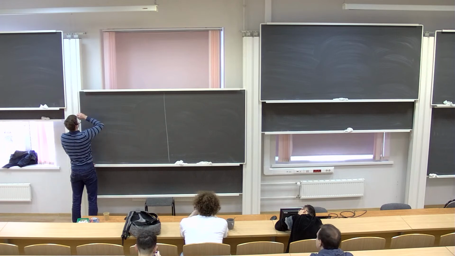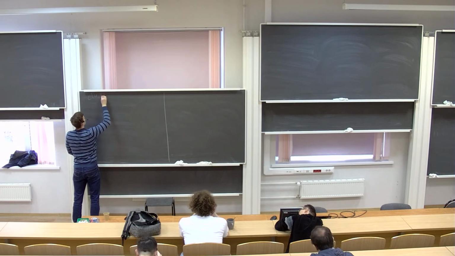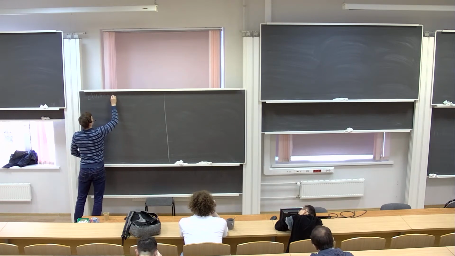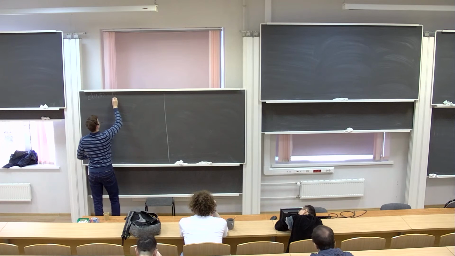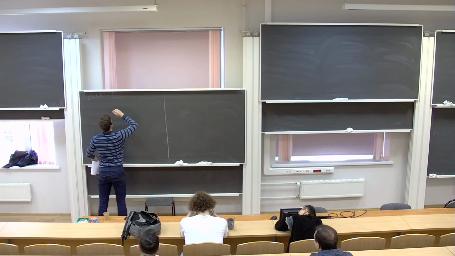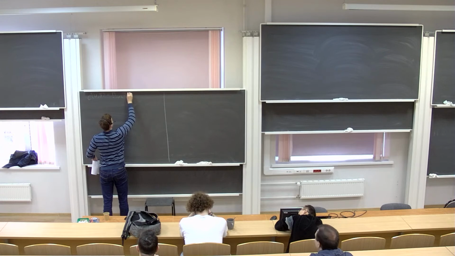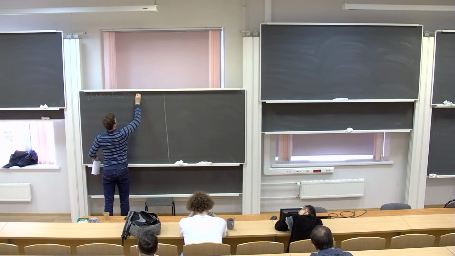So I would like to emphasize that our group of cochains with respect to an open covering U is defined as the product of F(U_{i0...iq}).